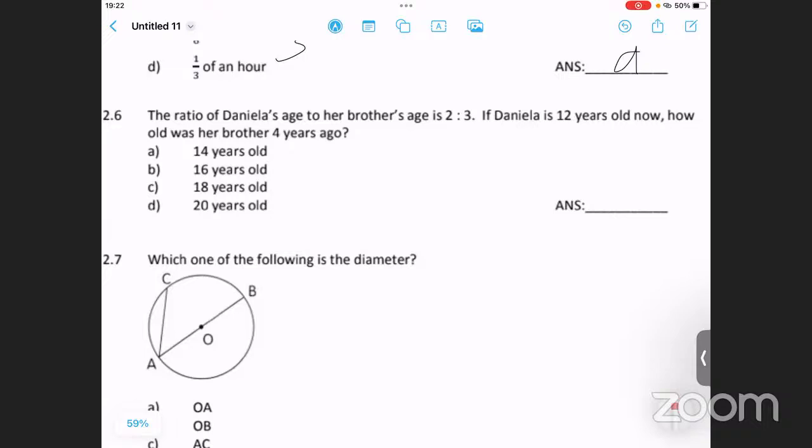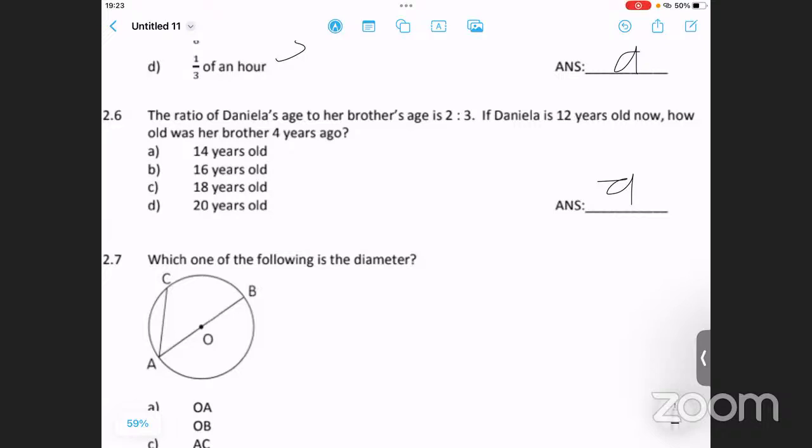And how old is he now? He is 18 years old now. Yes. Perfect. So now the brother is 18 years old. How did you calculate for that? How did you get to 14?